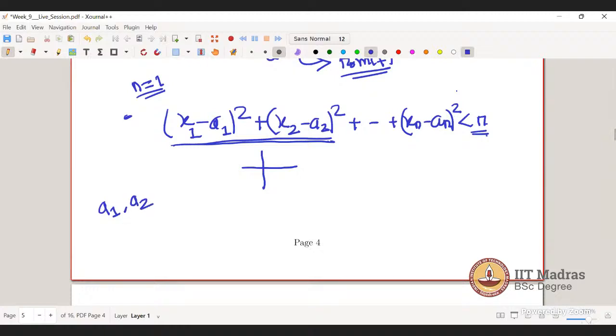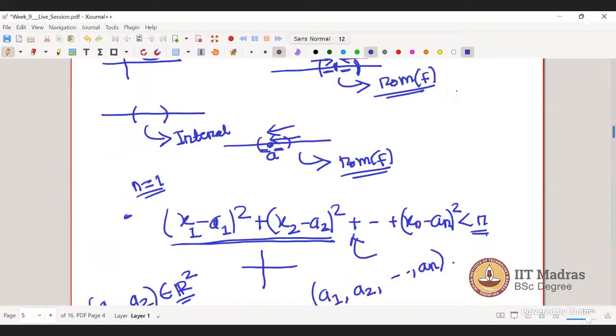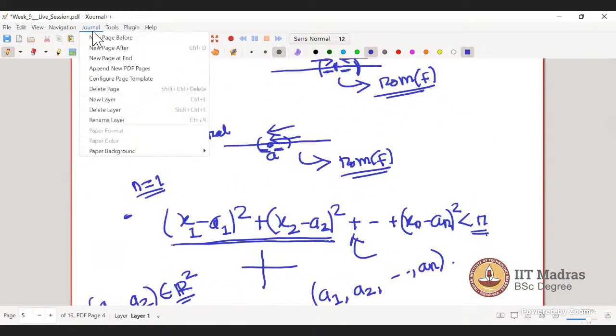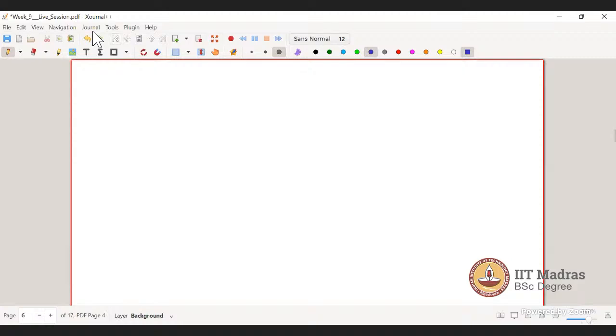In Rn, the center point is a1, a2, up to an. These are the coordinates of the center point.